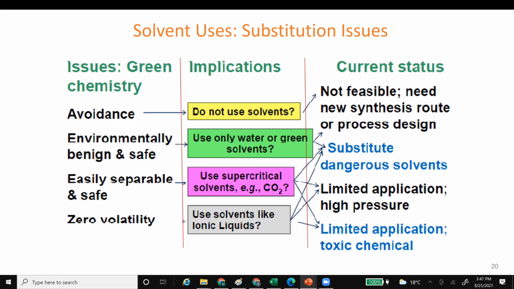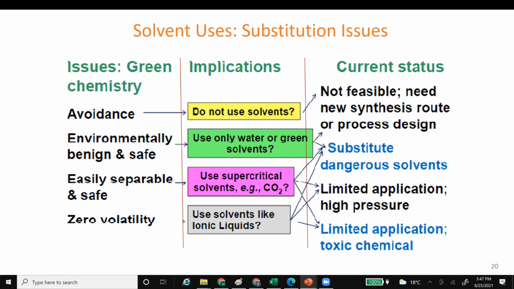Zero volatility: use solvents like ionic liquids, but ionic liquids do not vaporize. That is very good. But many solvent applications need the solvent to vaporize in order to deliver the product. So we have a problem. So yes, there are lots of green chemistry issues that can be looked at, but these are not the only issues. Economics, environment, everything need to be looked at, as Dr. Overcash also mentioned.